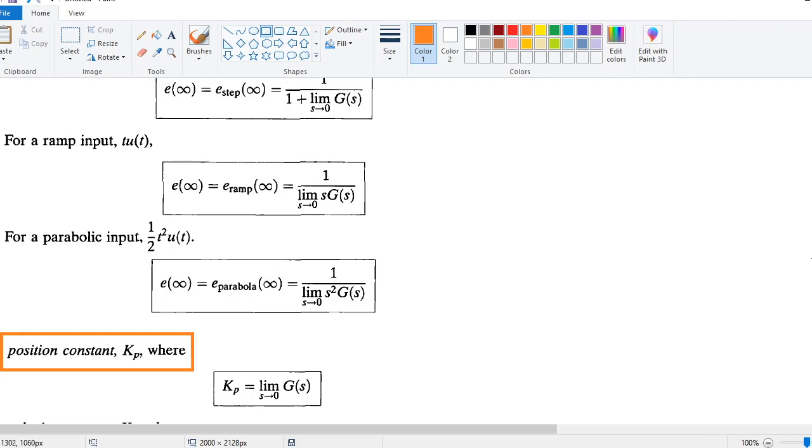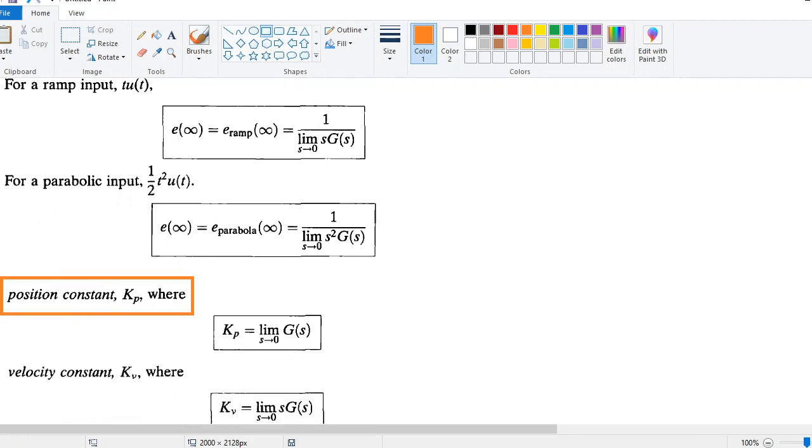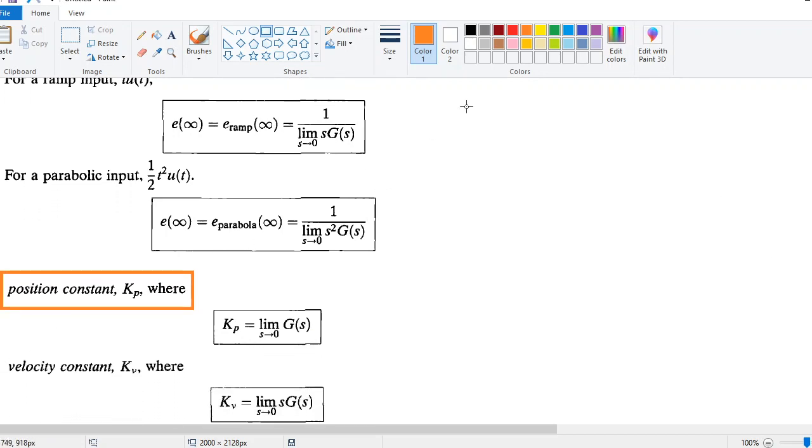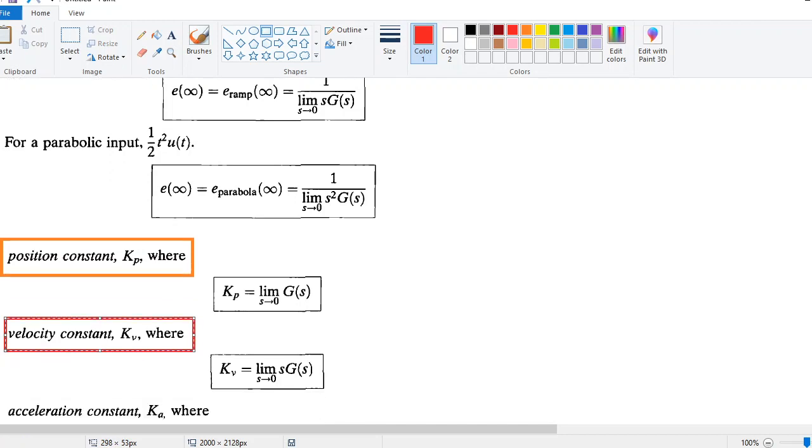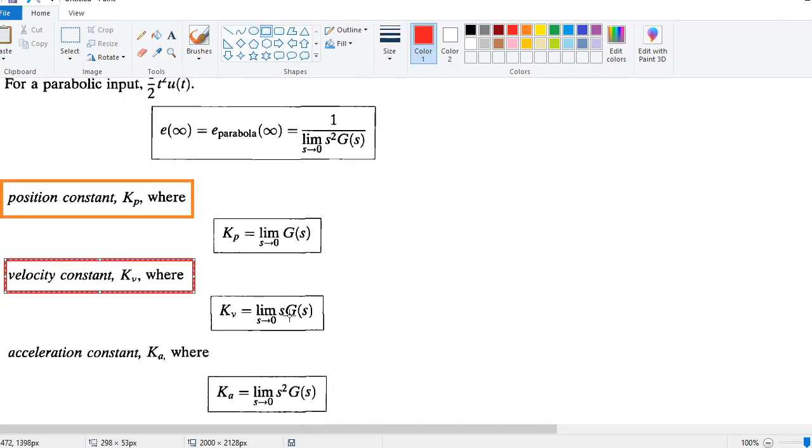That is the position constant Kp. Then the velocity constant Kv is equal to limit s tending to 0 of s into G(s). And then finally you have your acceleration constant, Ka, which is equal to limit s tending to 0 of s squared into G(s).